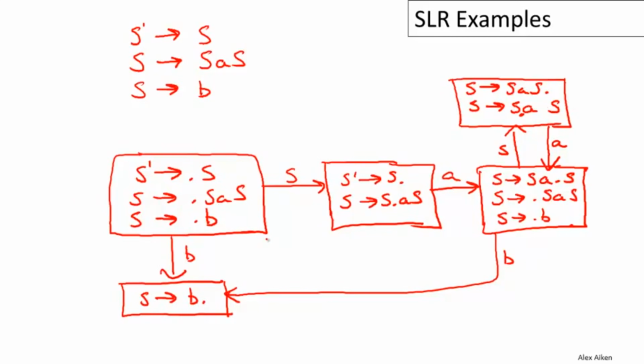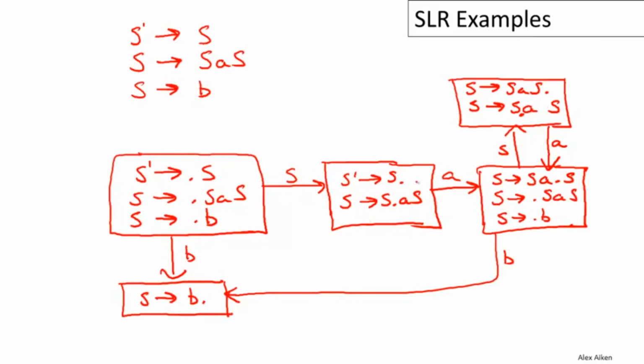So there can't be any reduce conflicts in this automaton. We can ignore states that only have a single item or states that have no possible reduce moves at all, because those are states in which there cannot be a shift-reduce conflict. And that means we can ignore these two states, the two states over here at the extreme left. So now we're left with these three states to think about.